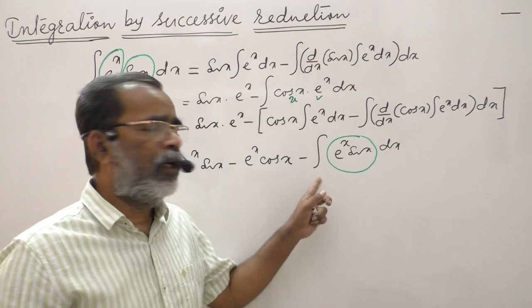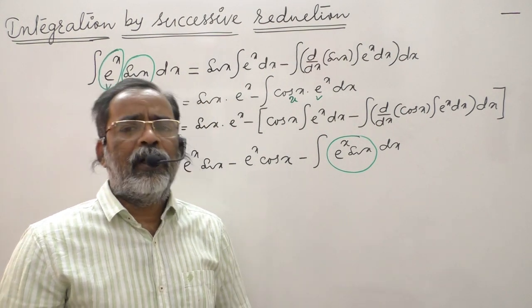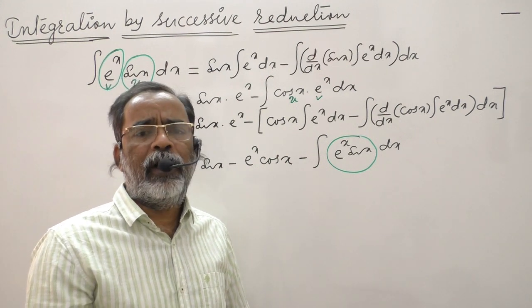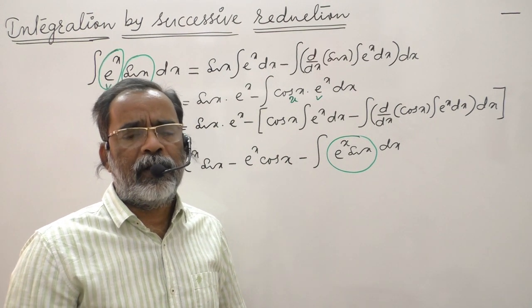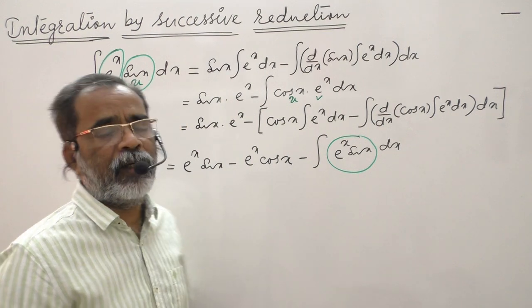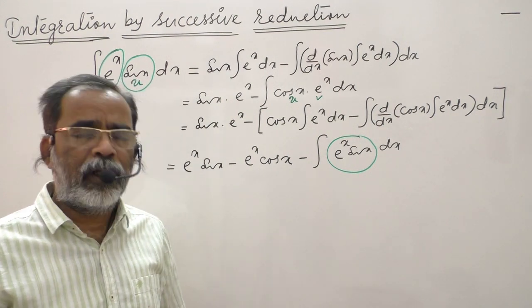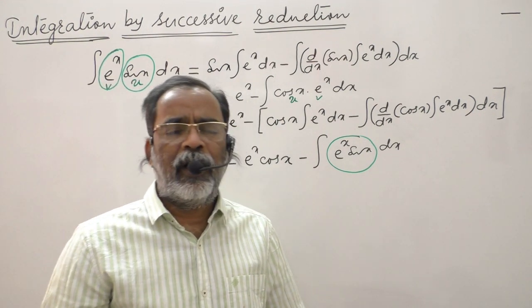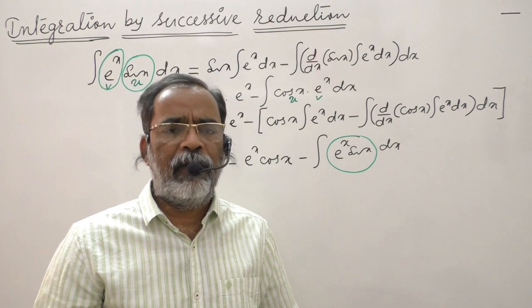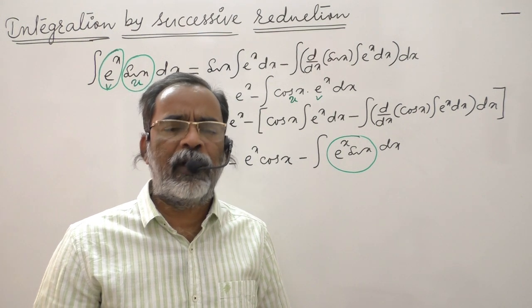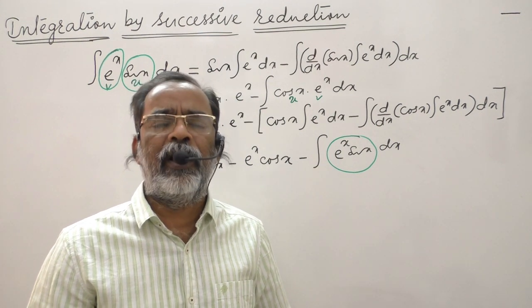When integration is not coming to an end, we will reduce that integral. This process is called successive reduction. Integration by successive reduction. In this part we will find the formulae, that means we will find the integrals of some particular standard integrals.